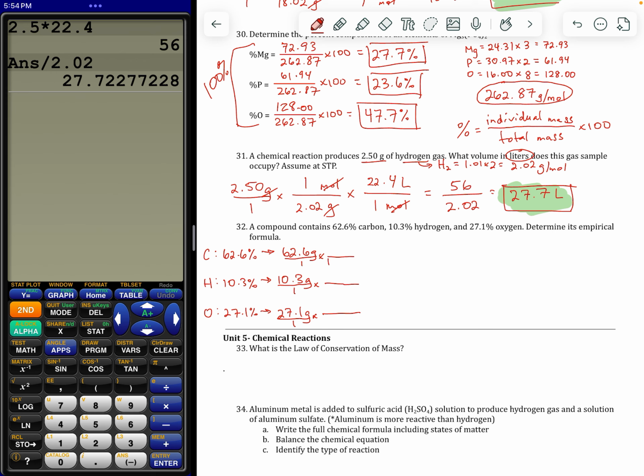And so in this case, it would be 12.01 grams is equal to 1 mole for carbon, 1.01 grams is equal to 1 mole for hydrogen, 16 grams is equal to 1 mole for oxygen. And so we get mole values, and so we had percent to mass, mass to mole.